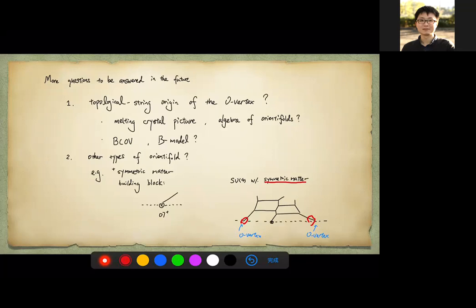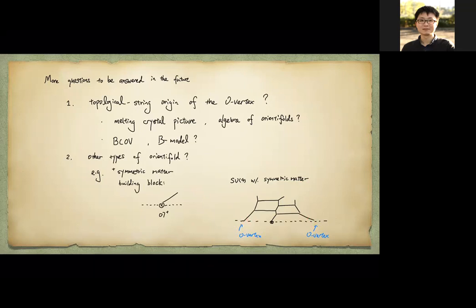And I hope it will help us to analyze the gauge theory in more rigorous and convenient ways, especially for the SON gauge theories.